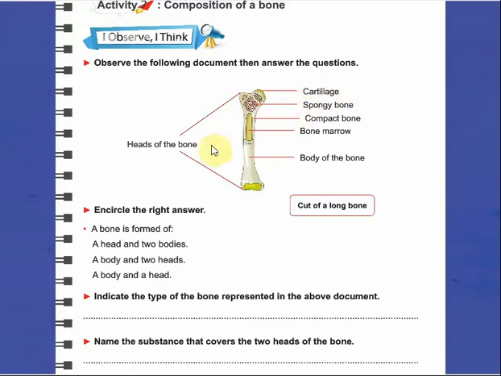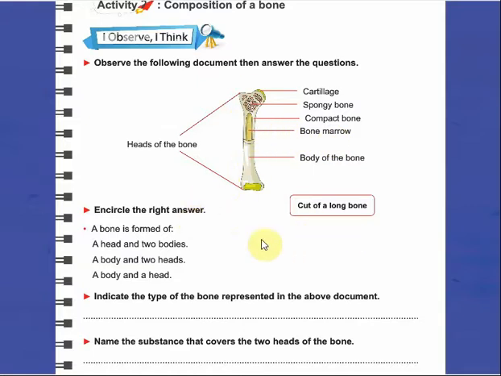Spongy bone, like the sponge, is found also at the top of the bone. Here we have compact bone, compact يعني مضغوطة. And bone marrow inside the bone, يلي هو النخاع.